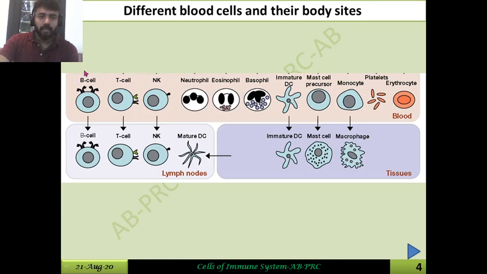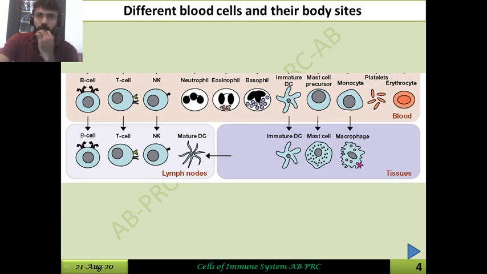These three come under the lymphocyte category, and here you can see neutrophil, eosinophil, and basophil. These three are the granulocytes. Then here you can see the platelets and erythrocytes; erythrocytes come under the RBCs. And these three, dendritic cells, mast cells, and macrophages, are found both in blood and tissues. They can be present in blood and body fluids, but are also found in tissue spaces.